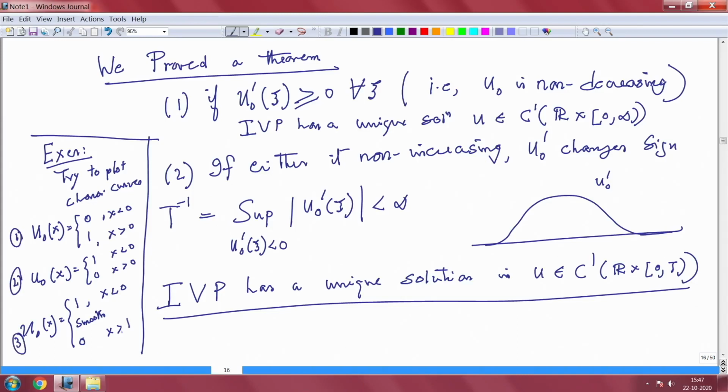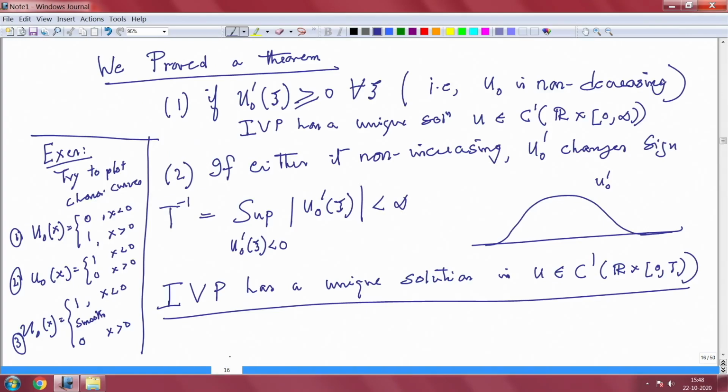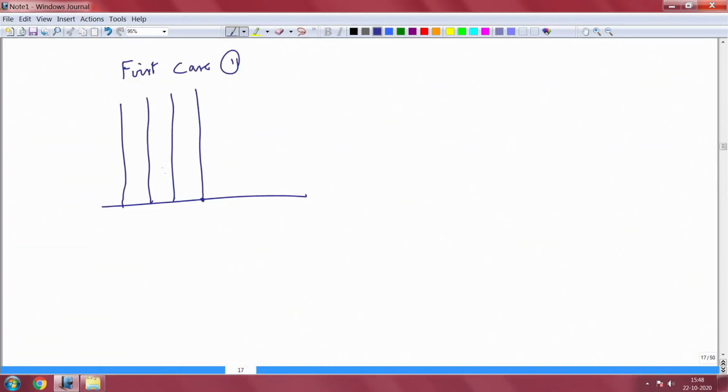In the first case, you will have something like this characteristic, because it is 1. After that, let me look at it, yeah, 0 and 1. So, it is 1 here, after that 1, this is the 0 case. I told you, you have to view it in the t variable.